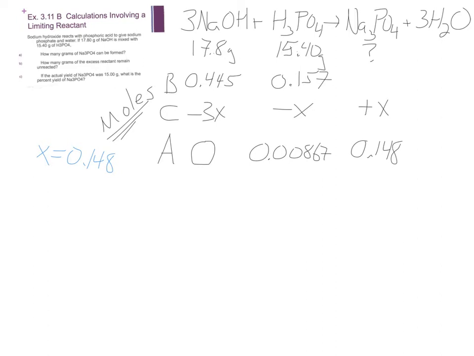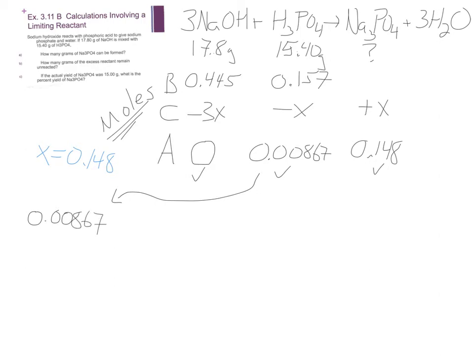Now those are both in moles, but it answers two questions at once. It says, what's my limiting reactant? A couple questions actually. How much of my excess is left over? And how much product can I make? All that's left is going to be convert these to moles. So how much excess do we have left? 0.00867.